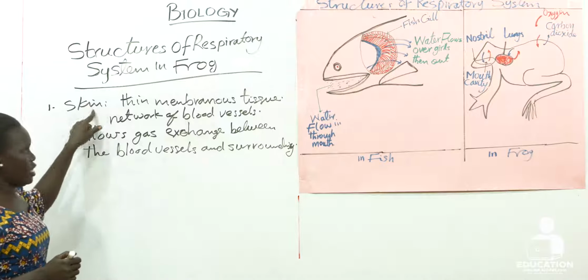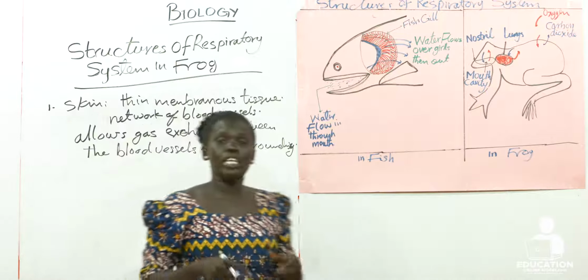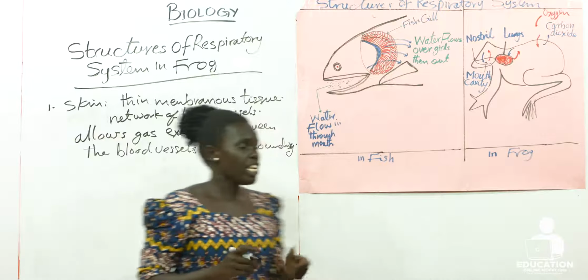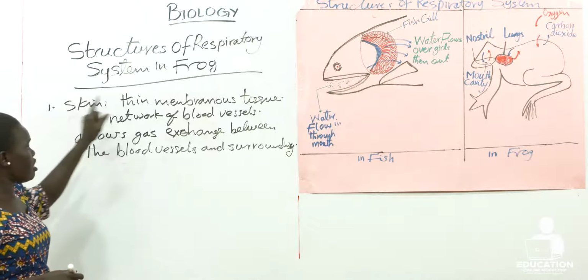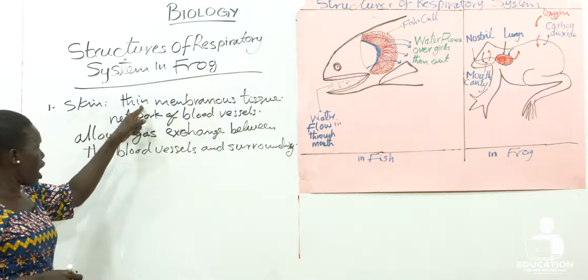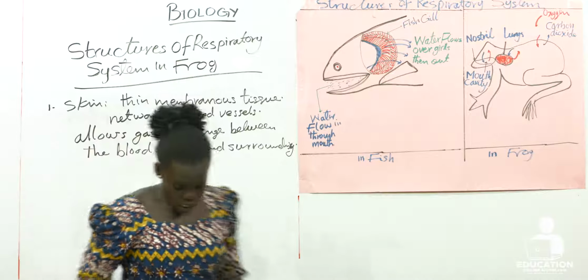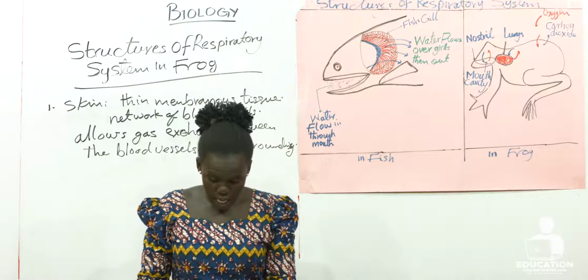When it is in the water, we know very well that water contains dissolved oxygen. So that oxygen can dissolve through this skin because it is very thin and permeable. It can allow the exchange of water and the gases.